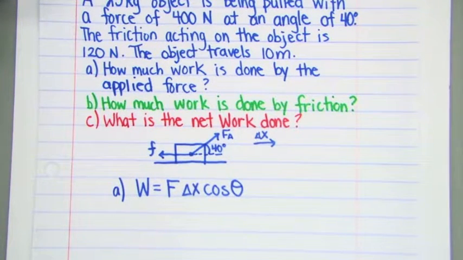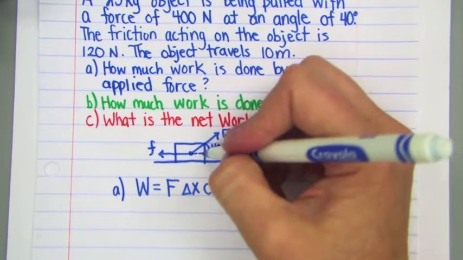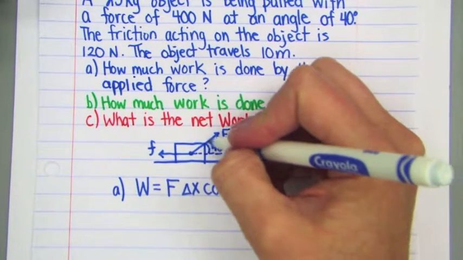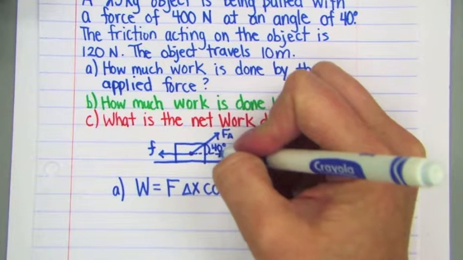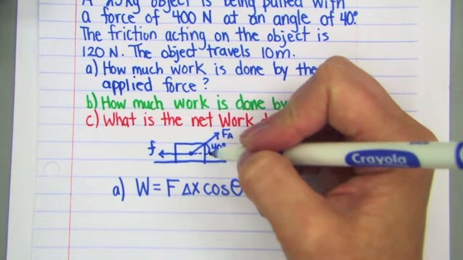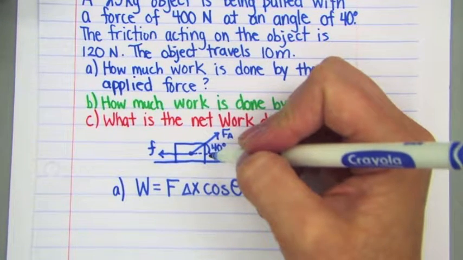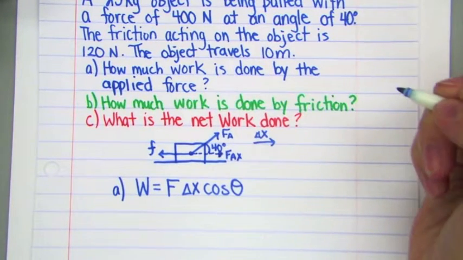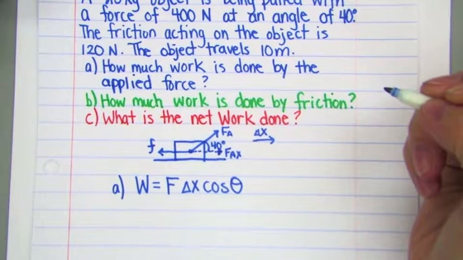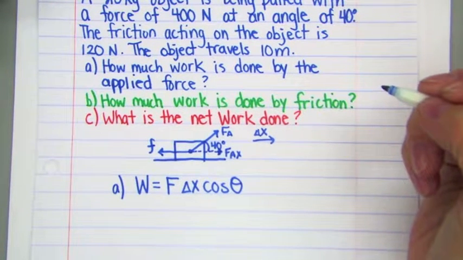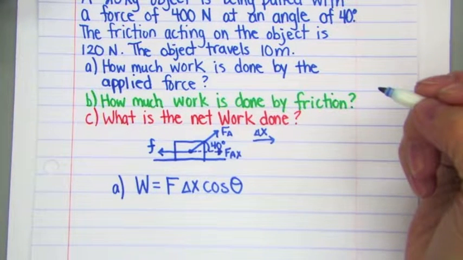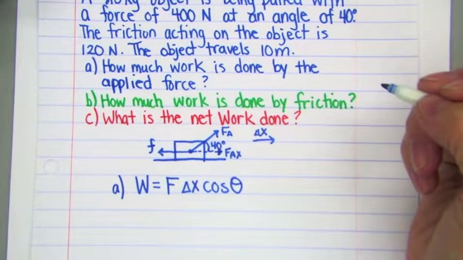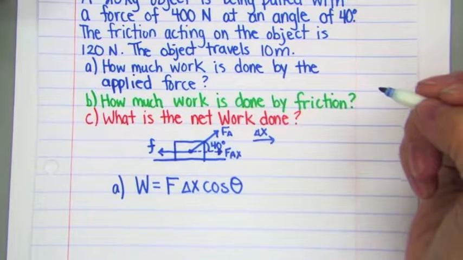If you look at the picture, you'll notice that the angle is adjacent to the horizontal component of the applied force, what we call FAX. So, in order to get the appropriate amount of force that's being applied in the horizontal plane, meaning in the same direction as the motion of the object, I take into consideration the cosine.